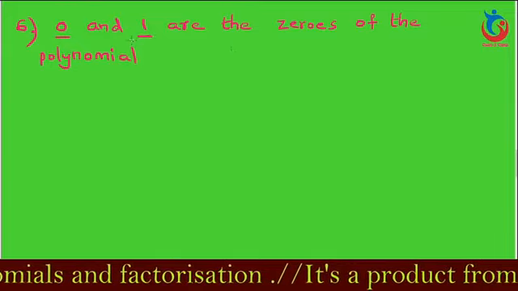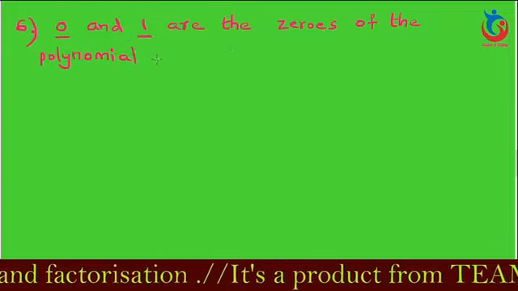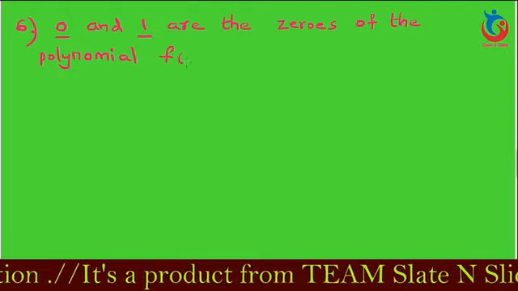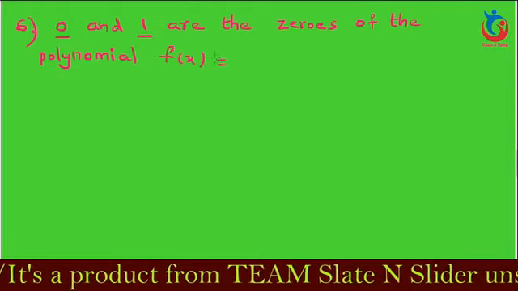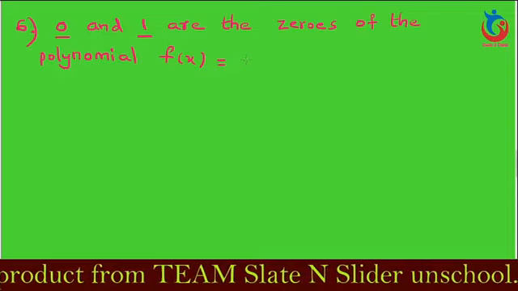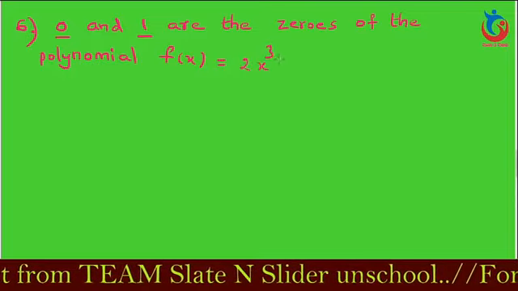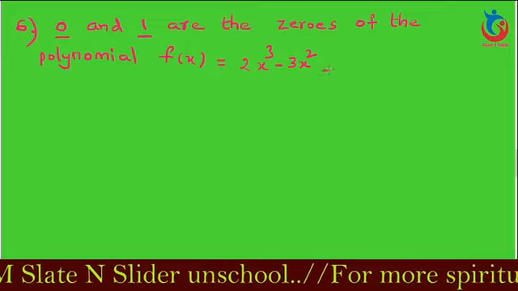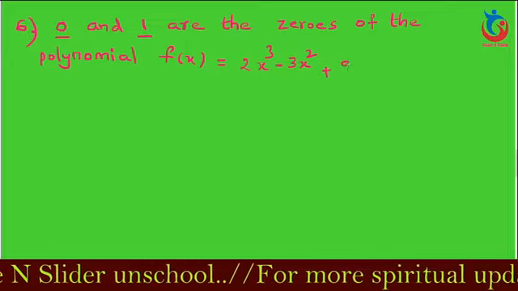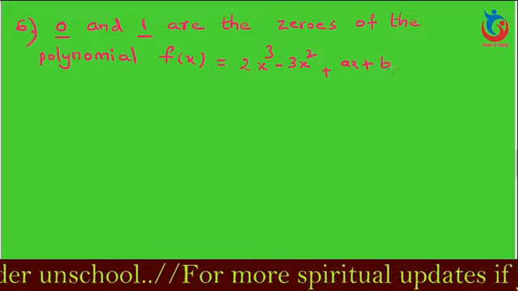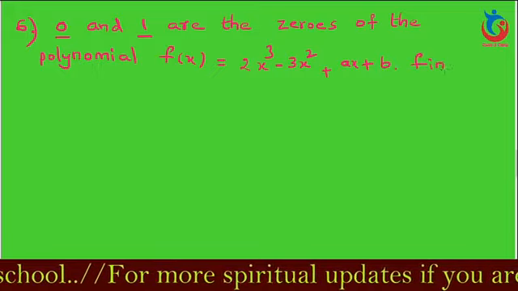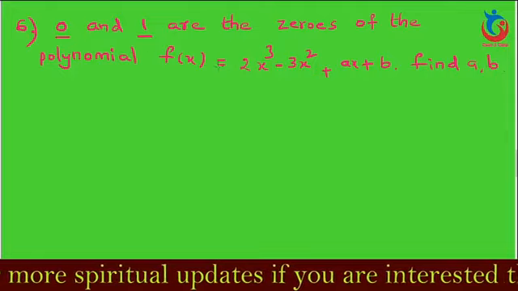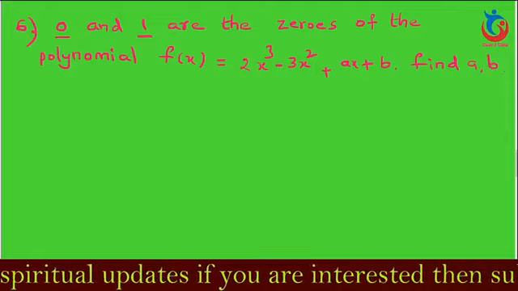That means in the question the polynomial will be a quadratic polynomial. So polynomial f of x is equal to 2x cube minus 3x square plus ax plus b. So here we don't know the values of a and b. So we should find them. Find a, b. So how to find that?